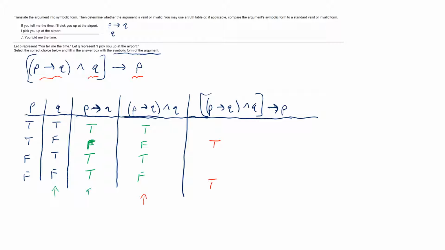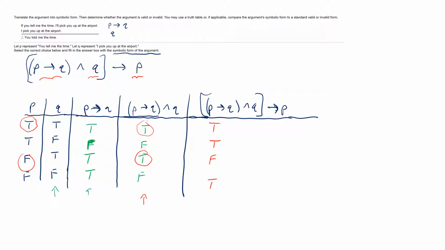And then now I have to look at the first part and accompany that with the second part. If they're both true, then it'll be true. And so the first part is true here, and the conclusion P is true, so they're both true and this will be true. And then on the last row we have a true, and then the second part's false. And so that means we have a false.